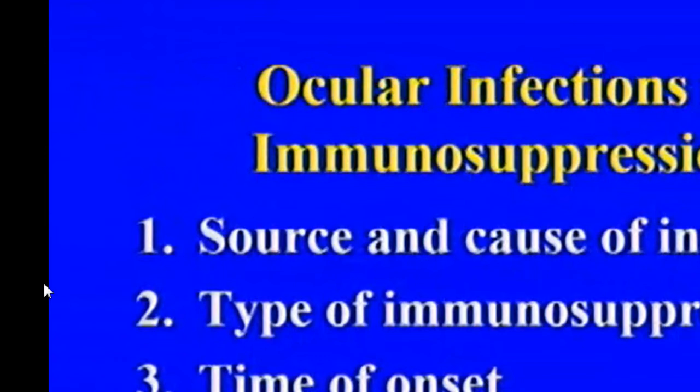Is it an early infection after transplantation, or is it a late one after 2 years? After 2 years, they are on a maintenance dose, and it is a completely different type of organism. While if it is early, in the first 2 weeks, they are on the maximum immunosuppressive protocols, and therefore different types of organisms attack the eye.